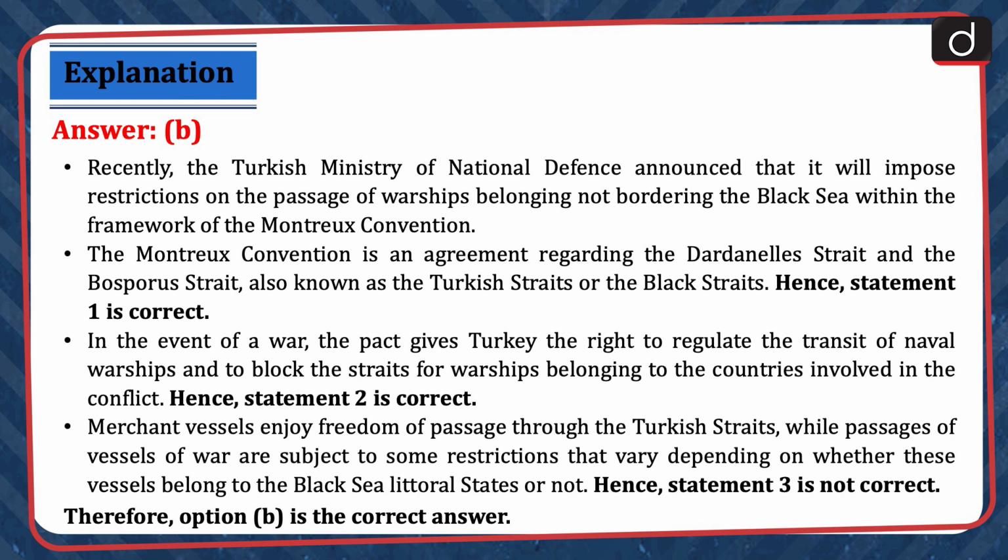In the event of a war, the pact gives Turkey the right to regulate the transit of naval warships and to block the straits for warships belonging to the countries involved in the conflict. Hence, statement 2 is correct. Merchant vessels enjoy freedom of passage through the Turkish straits, while passages of vessels of war are subject to some restrictions that vary depending on whether these vessels belong to the Black Sea littoral states or not. Hence, statement 3 is not correct. Therefore, option B is the correct answer.